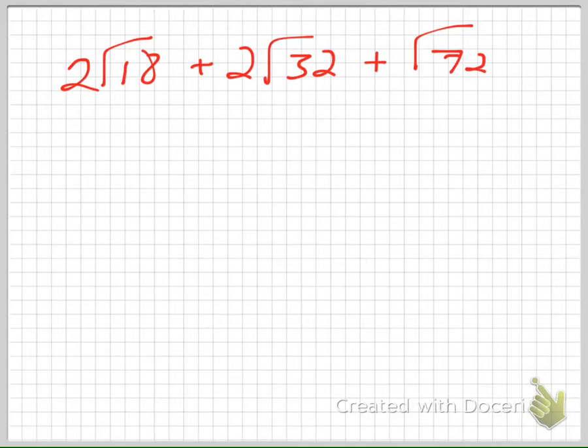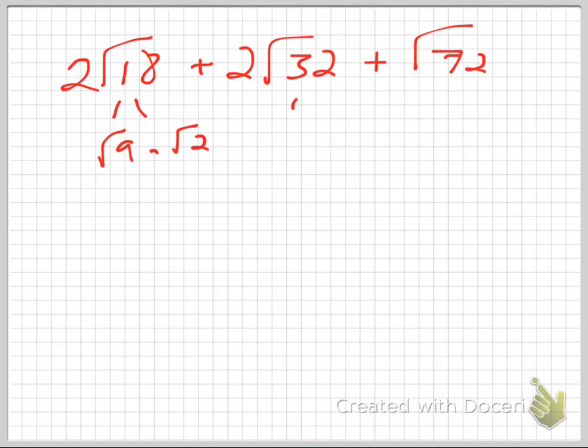2 times the square root of 18 is the same as 2 times the square root of 9 times the square root of 2. Agreed? Okay.